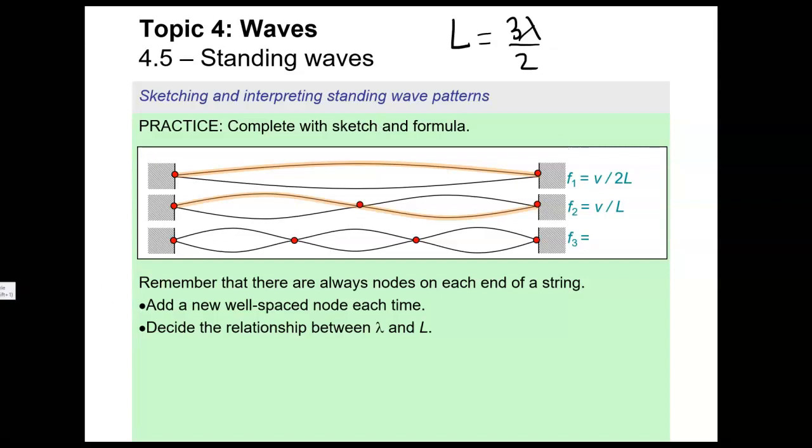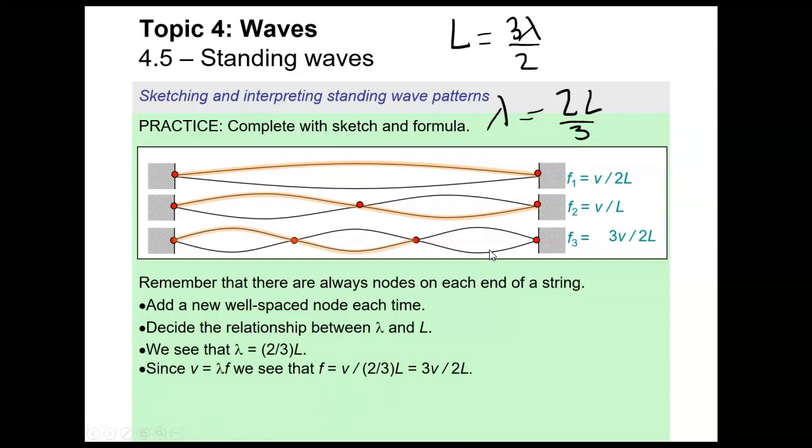And if you rearrange that equation, you get 2L over 3 equals lambda. And if you plug into the wave equation and solve for frequency, then you get 3V over 2L is equal to F3. And that is the third harmonic. Notice that it is exactly 3 times the first harmonic.